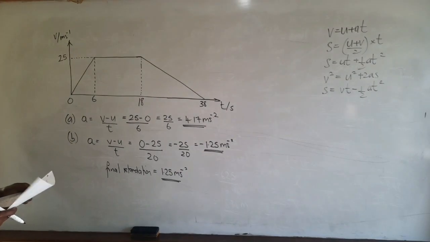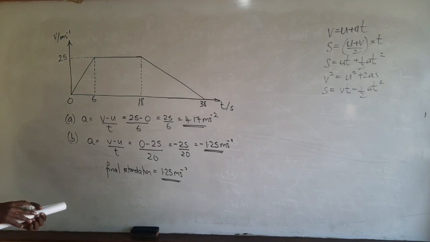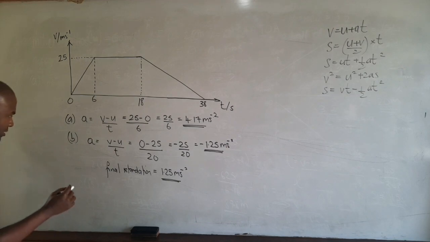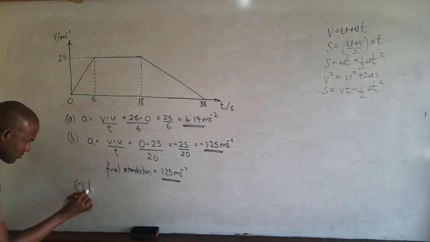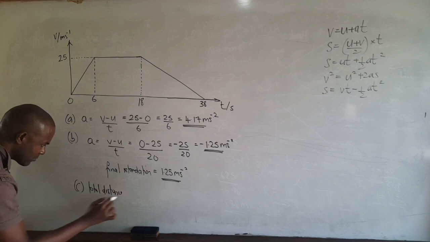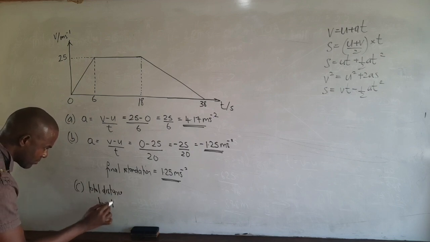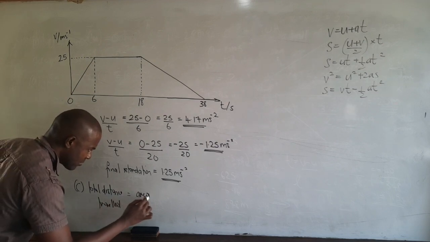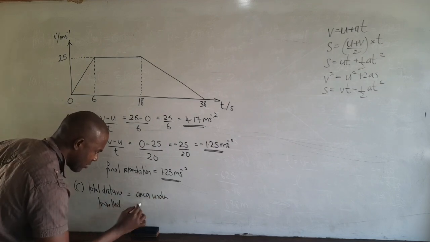And for part C, they want us to find the total distance traveled. So since we're talking about a velocity time graph, then the total distance traveled is actually equal to the area under the graph.